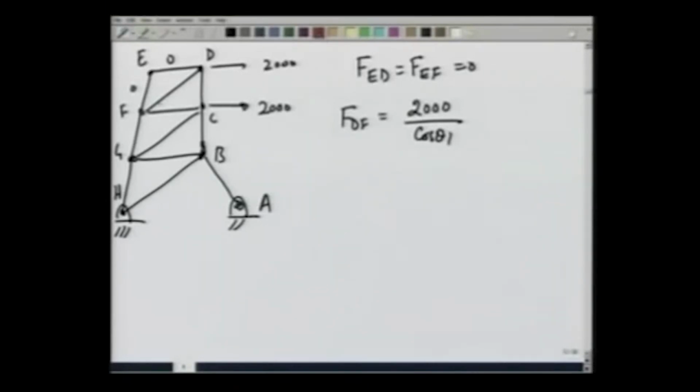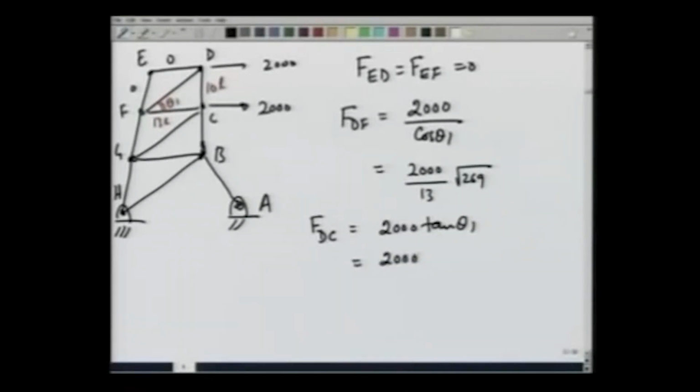Let me remind you, this is theta 1, this is 10L, this is 13L. So, which is equal to 2000 over 13 square root of 269, and FDC comes out to be 2000 tangent of theta 1, which is 2000 times 10 over 13, which comes out to be 1538 newtons.